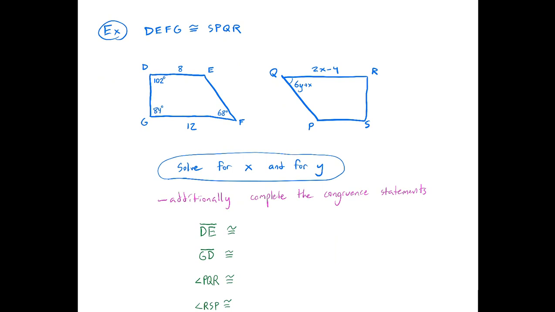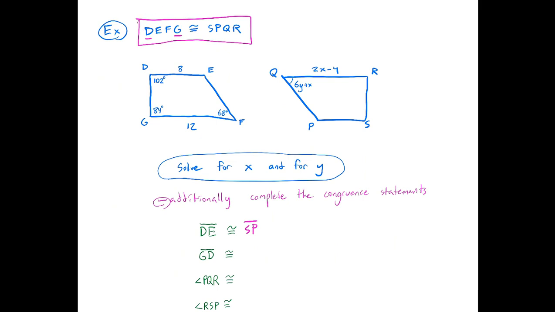Okay, so here's an example. So I'm given this congruent statement on top. That tells me everything I need to know. So down here I wrote, let's complete the congruent statements first. So DE must be the same as, for second, so that's the same as SP. Okay, GD. So G, that's last letter to first. Remember, because we go counterclockwise or clockwise, these two do form a side.